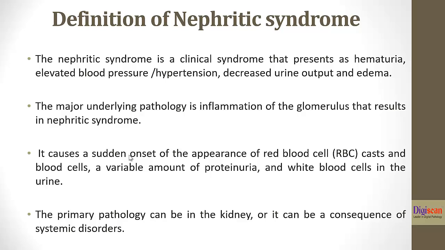It causes a sudden appearance of the RBC casts and blood cells, a variable amount of proteinuria, and WBCs in the urine. The primary pathology can be in the kidney or it can be a consequence of systemic disorders.